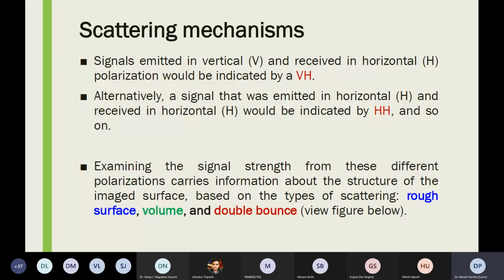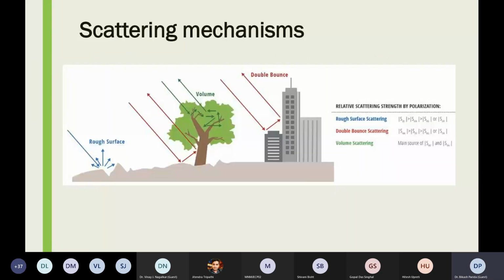Going into more detail, there are three different scattering mechanisms: rough surface, volume scattering, and double bouncing. We'll see a schematic diagram for the rough surface, the first one, the blue things. That is how the scattering mechanism happens, the backscatter energy is sent to the antenna.